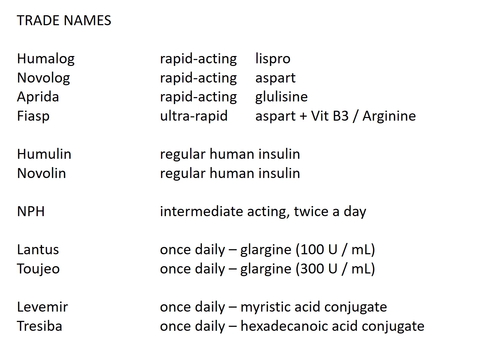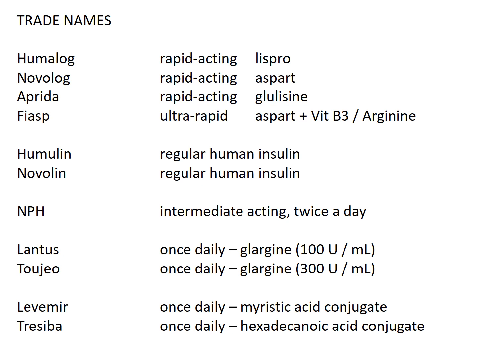Lantus and Toujeo are essentially the same thing. It's glargine insulin. Lantus comes as 100 units per ml, and Toujeo comes as 300 units per ml, but it's the same exact insulin. It's just different in terms of the concentrations. Levemir and Tresiba are the long-acting insulins which have been conjugated to a fatty acid.